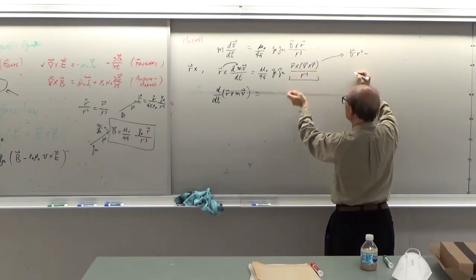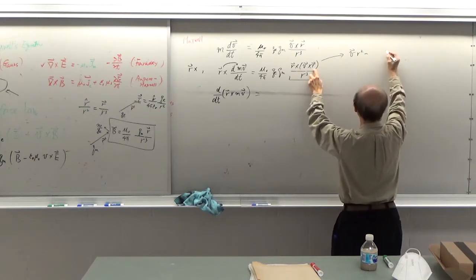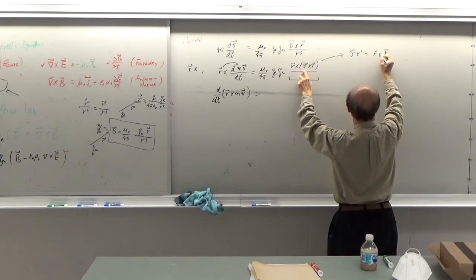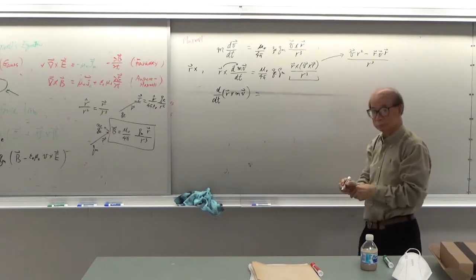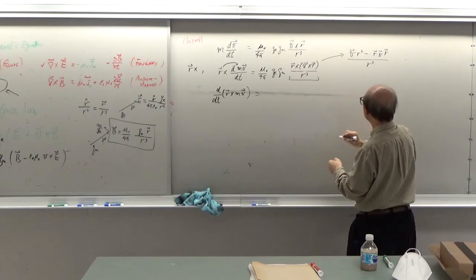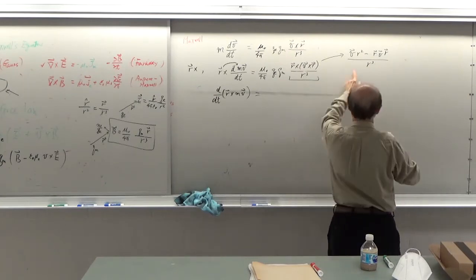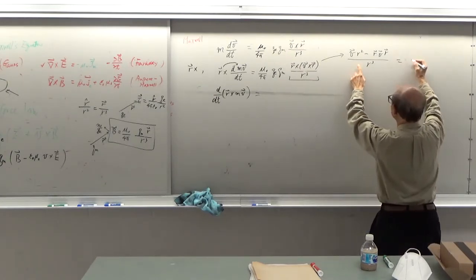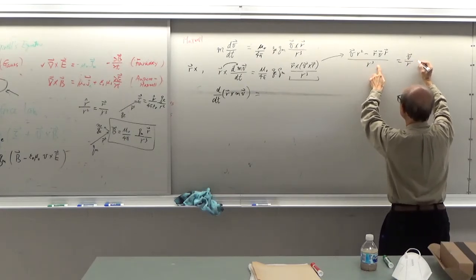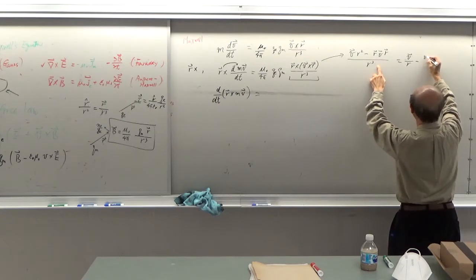Minus another term in the direction of r, multiplied by r dot v, divided by r cubed. So there are two terms. The first term is v divided by r. The next one is minus, v dot r over r cubed.